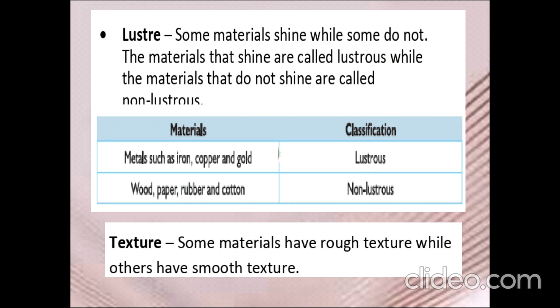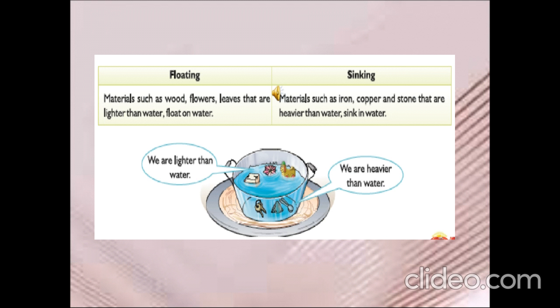The slide has a smooth texture so that the children can slide easily on that toy. Okay, so based on the texture also the object may vary. Right? And also floating and sinking objects. In water, some objects may float and some objects may sink. Light objects may float and heavy objects may sink.